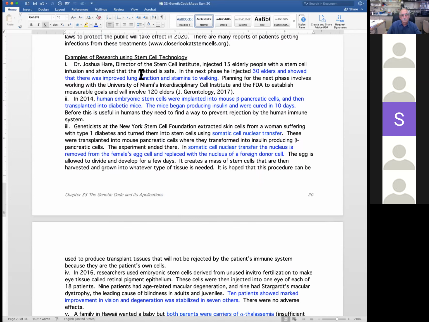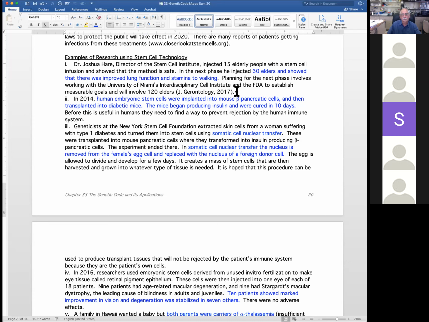So here's a couple of examples using stem cell research. This guy founded his own stem cell institute, his own company. He injected 15 elderly people with stem cells and showed that it was safe. Then he took 30 elderly people and showed that there was improved lung function and stamina in walking and all kinds of stuff, just because they were treated with stem cells.